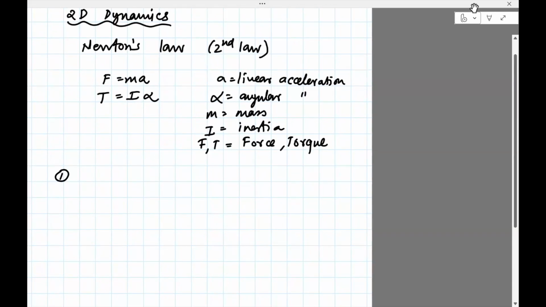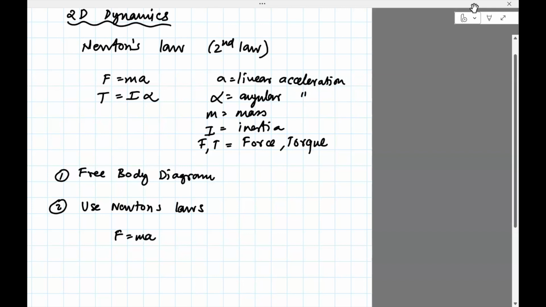So this is a recipe which you might have learned in any dynamics class. There are 3 steps to this. One is draw free body diagram. I'm just trying to show you how to write the equations of motion. So first draw a free body diagram, then invoke Newton's laws. Sometimes you have to just use the linear version. Sometimes you have to use the rotational version.